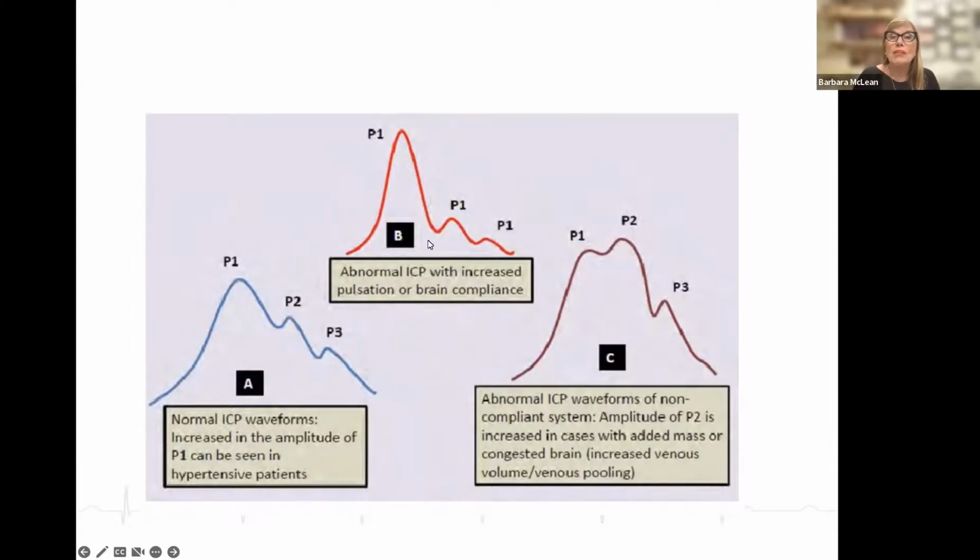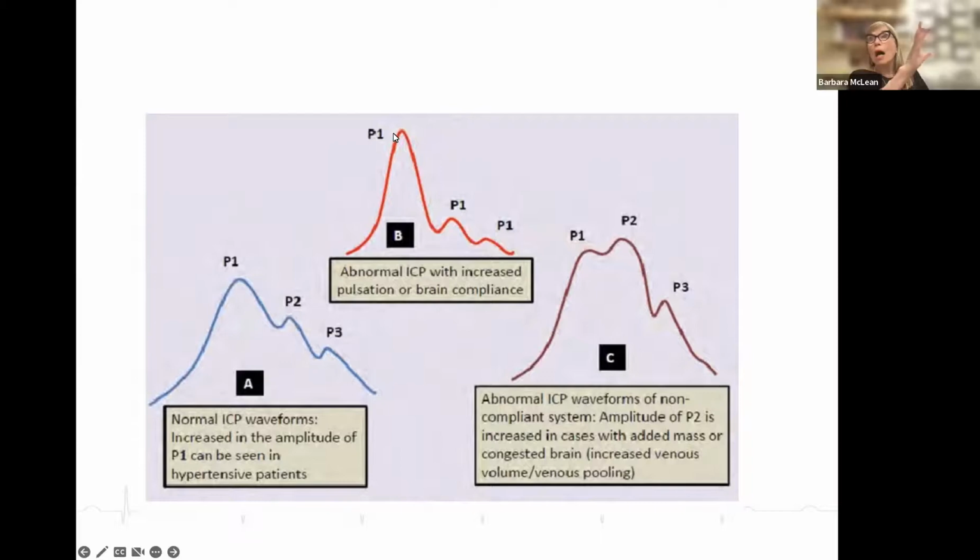So oftentimes you can see here in an early compensation, you'll see in the intracranial pressure that P1 goes up and is much greater than P2 and P3. So this is a really big P1. Your ICP is actually being monitored by your monitor as the average between the peak and the trough, but your real pressure is the peak of P1.